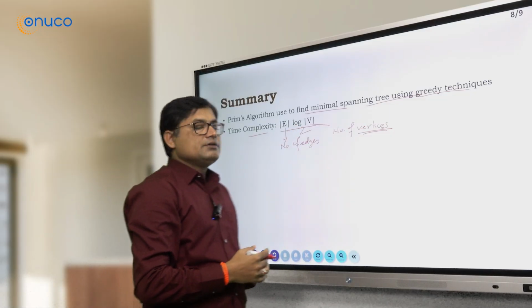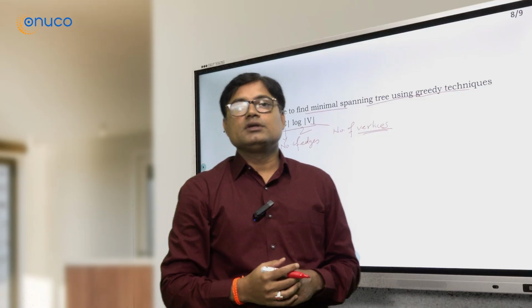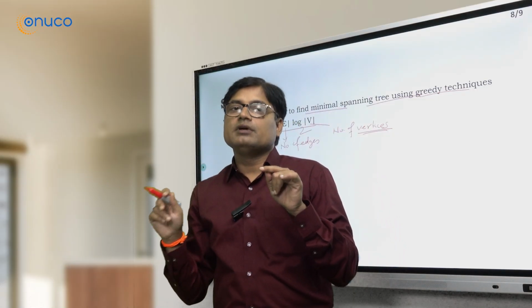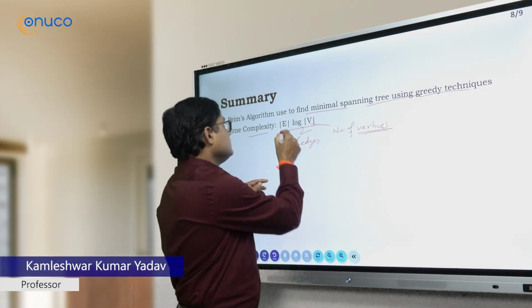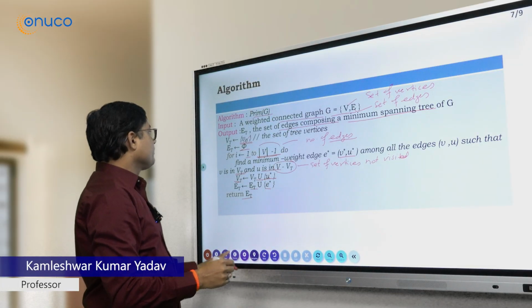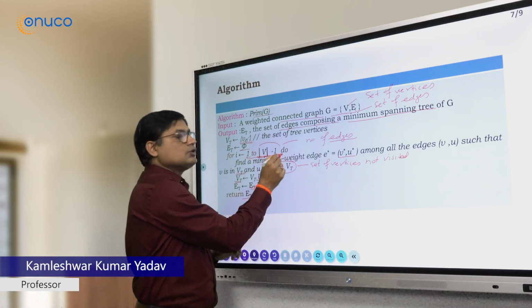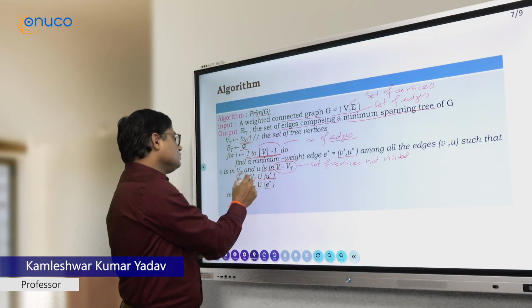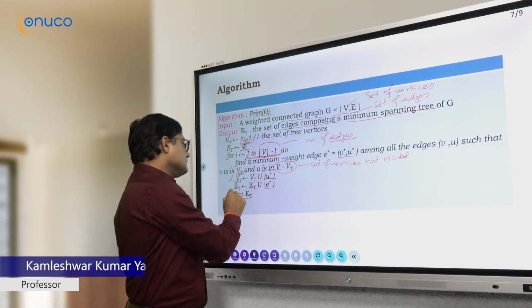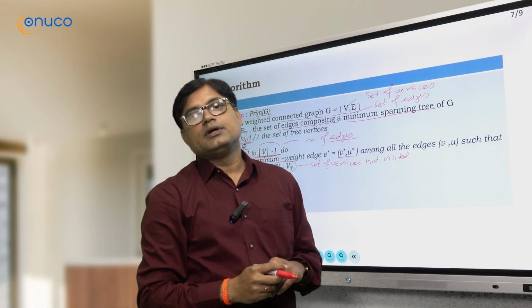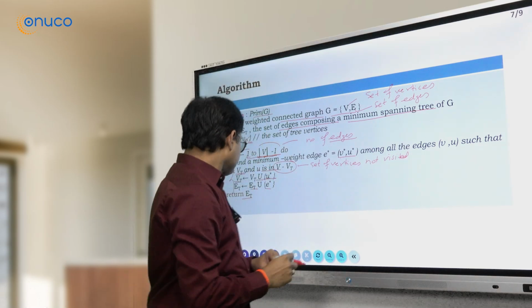This is the time complexity for Prim's algorithm, because for each and every point we are traversing all the remaining vertices. The number of edges comes from the for loop, 1 to V minus 1, which is the total number of edges, and we traverse this again and again, finding the particular values.